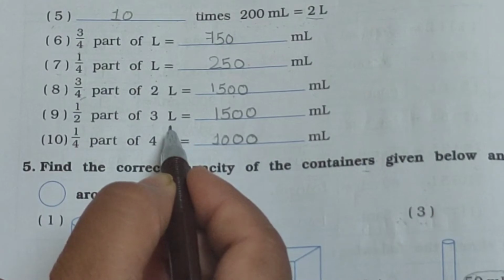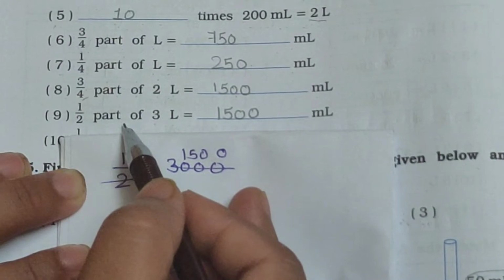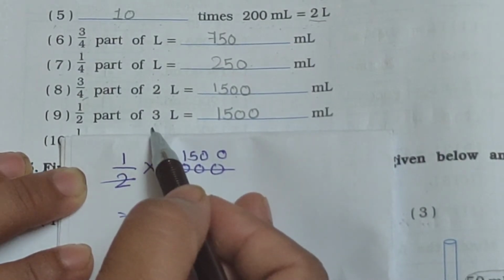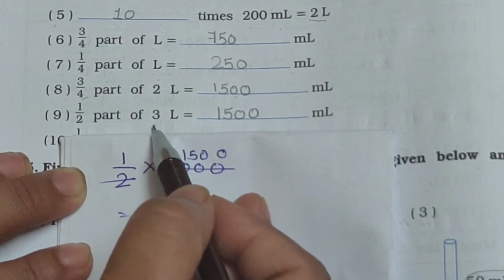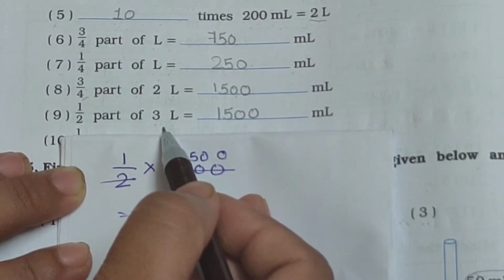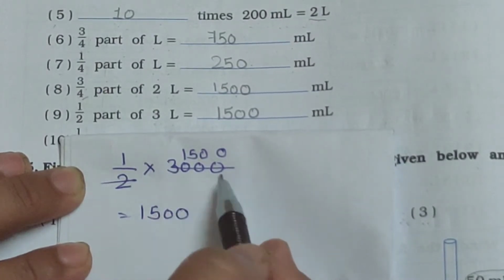Here also we have to see the rough work. See, 1/2 part of 3 liter. If we convert 3 liter into milliliter, then 3 liter is equal to 3000 milliliter. So 1/2 multiply by 3000.